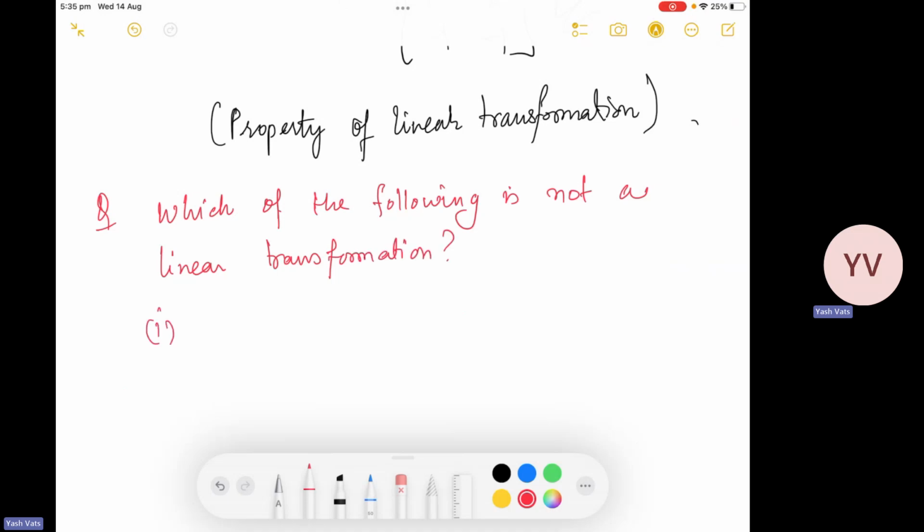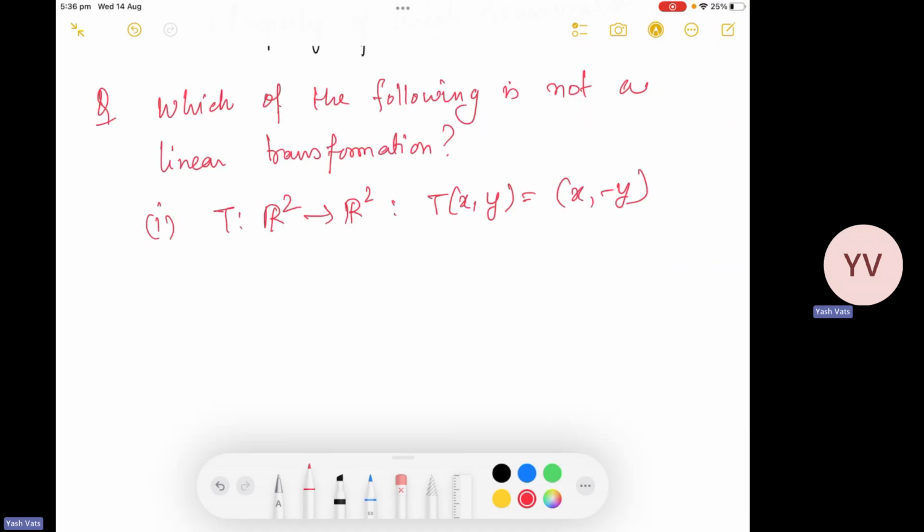So the first one is T from R2 to R2 such that T(x, y) is x minus y. So is that a linear transformation? We are going to check every one one by one.